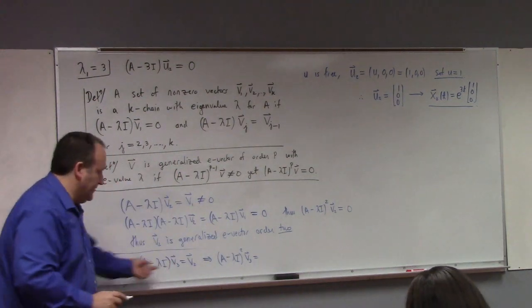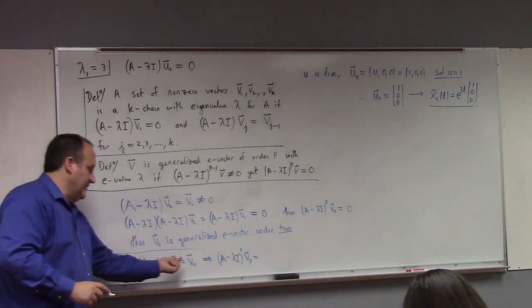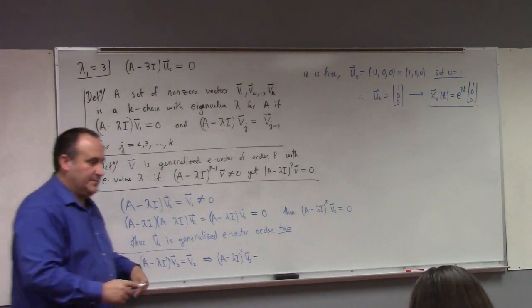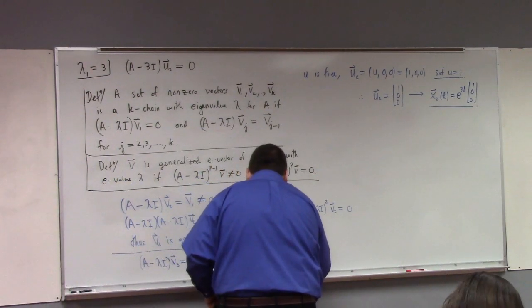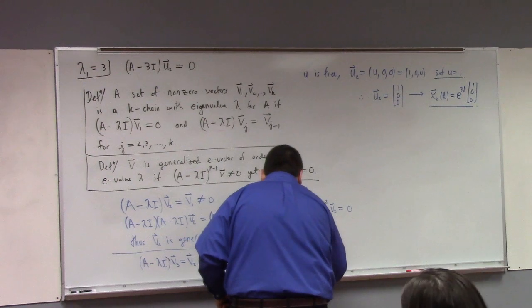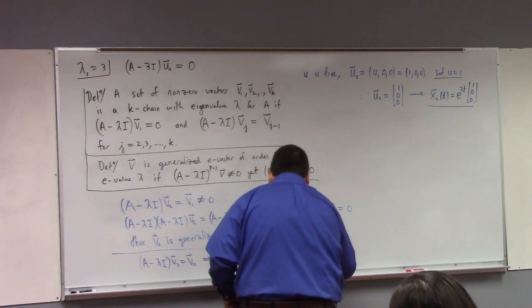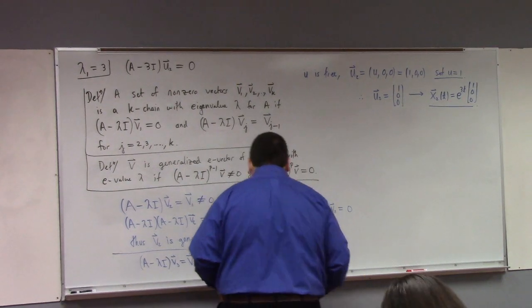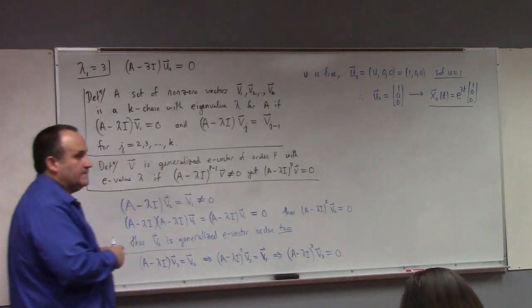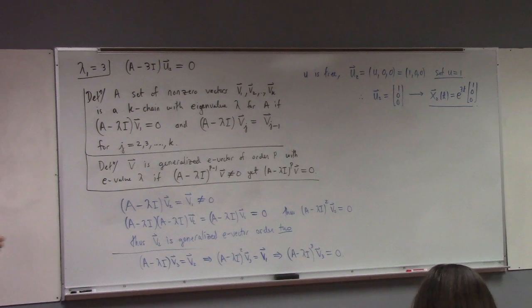If I multiply by A minus lambda I, it takes the v2 and knocks it down to v1, which then implies that A minus lambda I cubed on v3 is equal to 0. So v3 is a generalized eigenvector of order 3. And so the story goes all the way up to k. vk is a generalized eigenvector of order k, right?